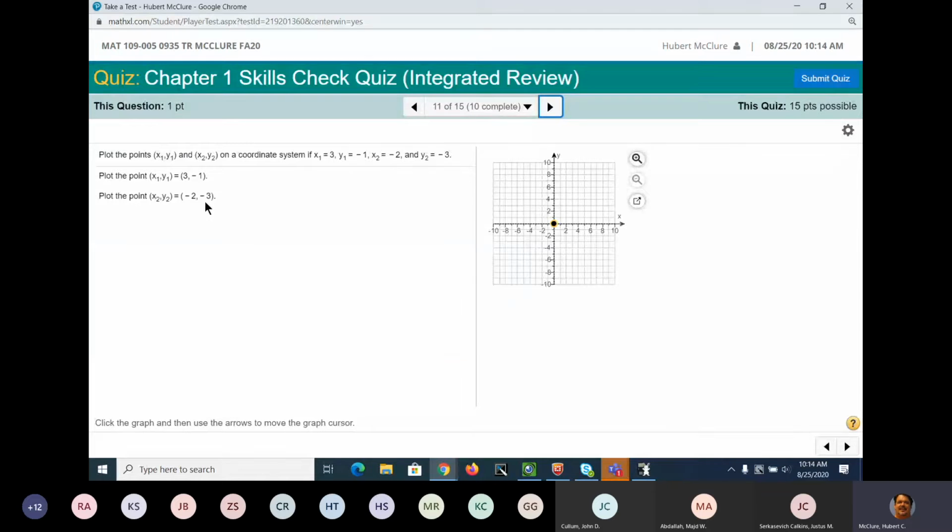Plot the points, blah, blah, blah, blah. 3, -1. And then -2 and -3.